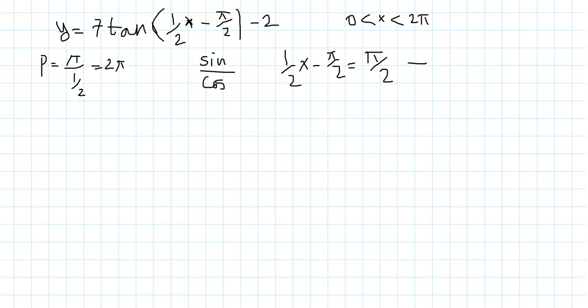If we find x, it is 2 pi. So I know my vertical asymptotes are at n pi. So I can say the first vertical asymptote is at n is 0, even number.